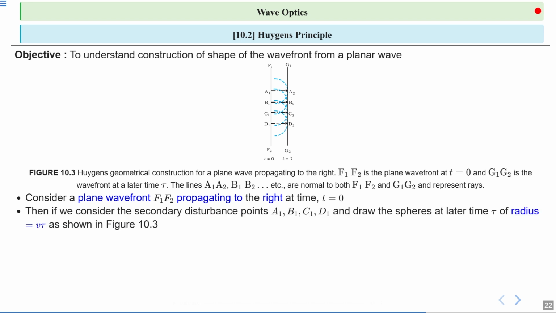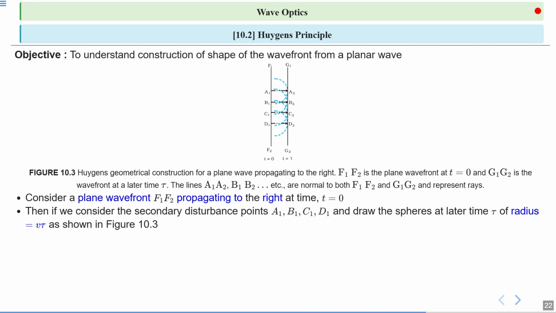Next we introduce the secondary disturbance points such as A1, B1, C1 and D1 by drawing spheres with radius equal to v tau from these points. What is v tau? The distance traveled by the wave, or by the wavefront, in time tau.